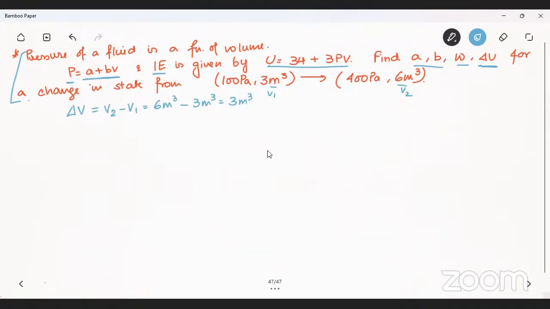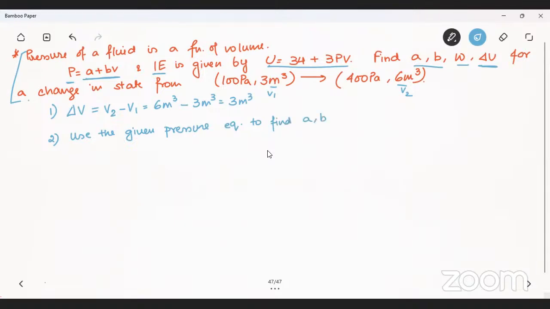This is step 1. Step 2 is use the given pressure equation to find A and B.